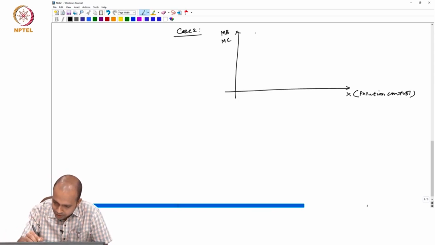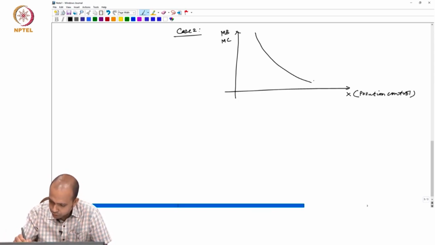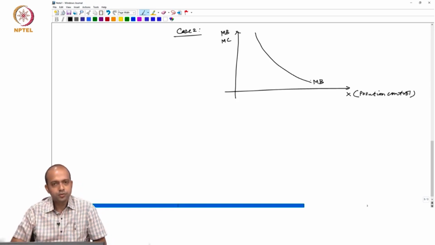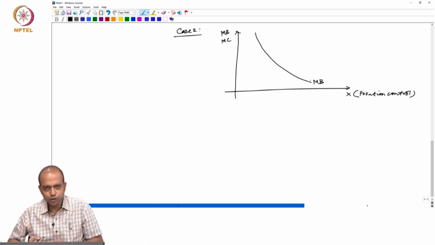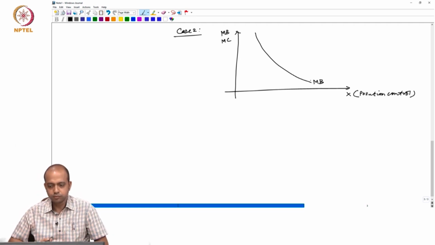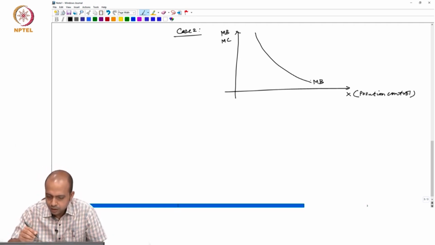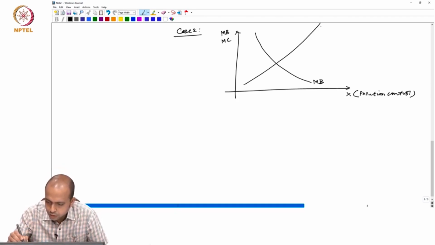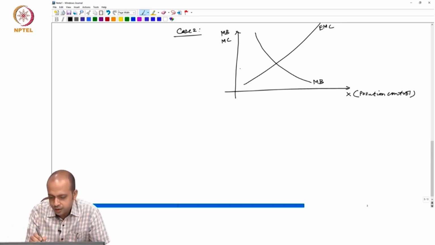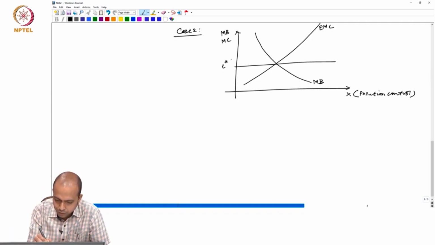So, let us say that this is now the MB curve, which is a steep downward sloping curve, and this is the MC, which is the expected marginal cost, and the intersection will give you the optimum tax rate.